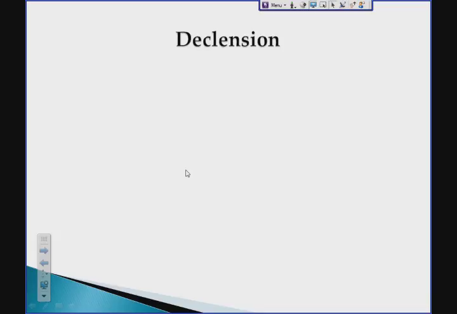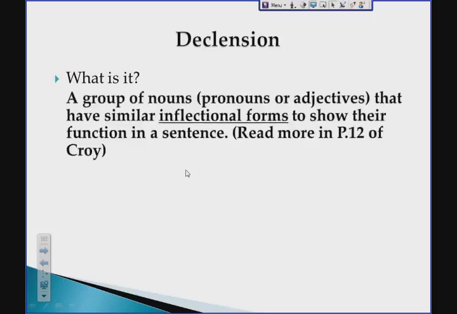The change in forms, changing form, especially at the end of the word. The inflectional changes. So the noun changes form at the end, what we call in English a suffix. A declension is a group of nouns, can be pronouns, can be adjectives, that have similar inflectional forms.